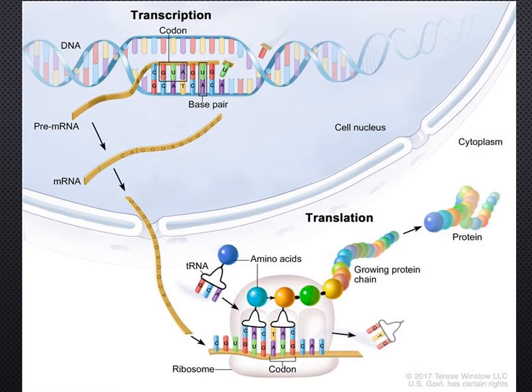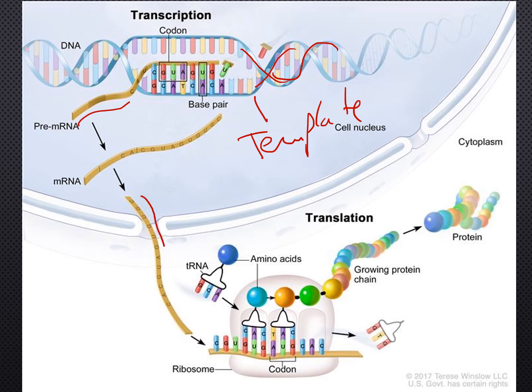In diagram, this is what happens in transcription and translation. In transcription, the DNA double helix, as we can see, is unwound by RNA polymerase, and RNA polymerase synthesizes a pre-mRNA strand that is complementary to the template strand. This is the template strand here. And the pre-mRNA is processed, meaning the introns are taken out, the exons are linked together.